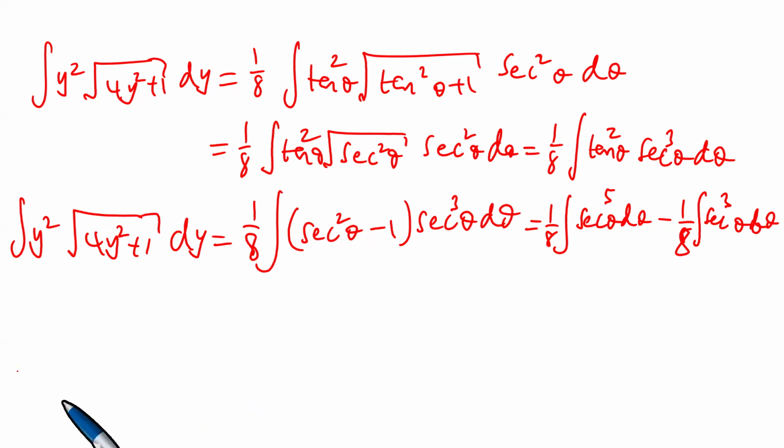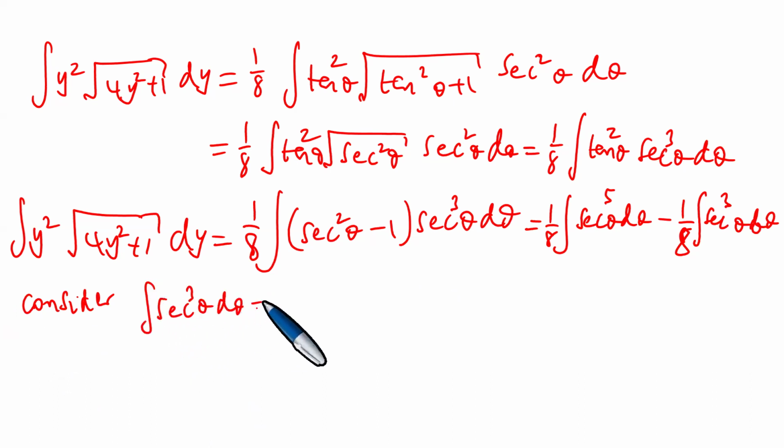Now, first things first, we shall consider one of them. Let's consider the integral of the secant cubed theta d theta. And to evaluate this integral, we actually took a look at this last time. One very clear objective is to break this into parts.